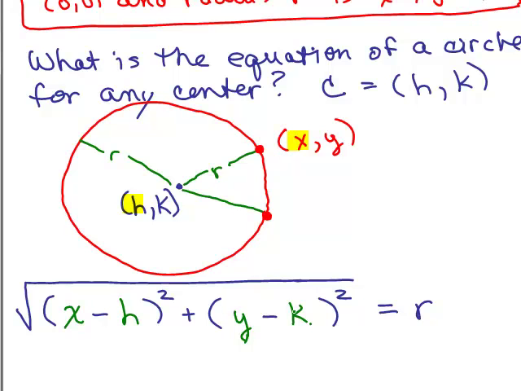So can we simplify this a little bit? Let's go ahead and square both sides. So we get rid of that big square root sign. And we're going to get exactly what we want: whatever's underneath that square root on the left.